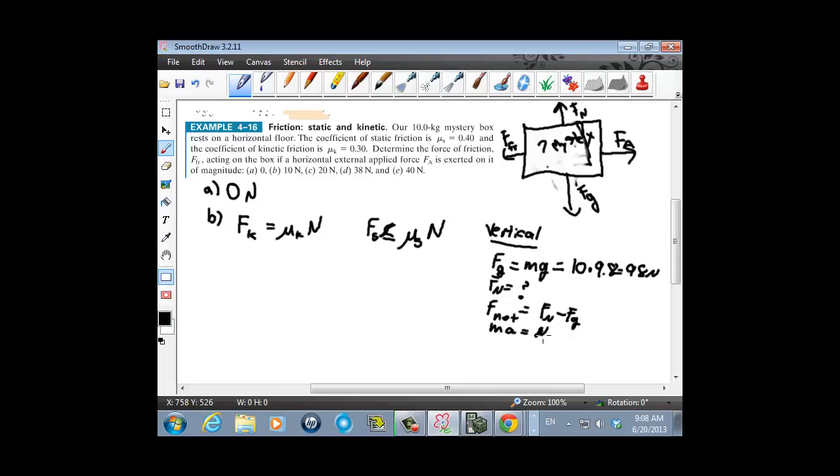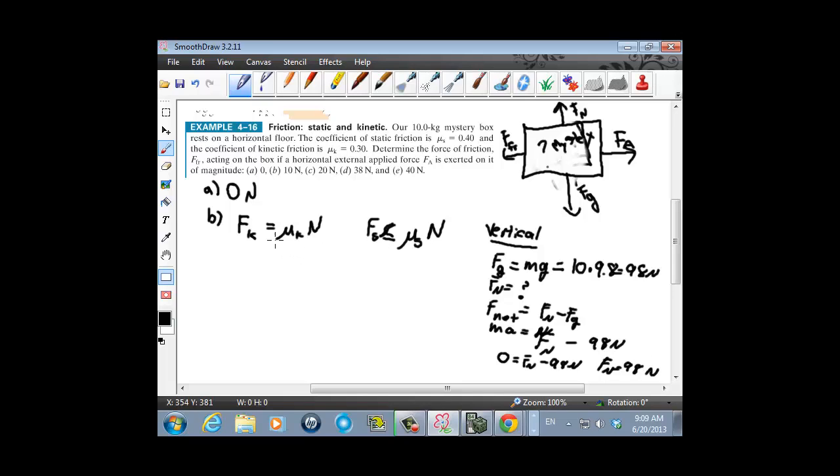I sometimes use N for the normal force, so you'll just have to play along with me. Is our box accelerating up or down? No. So this side is 0, equals Fn minus 98 newtons, therefore Fn equals 98 newtons. Okay, so now we know that.